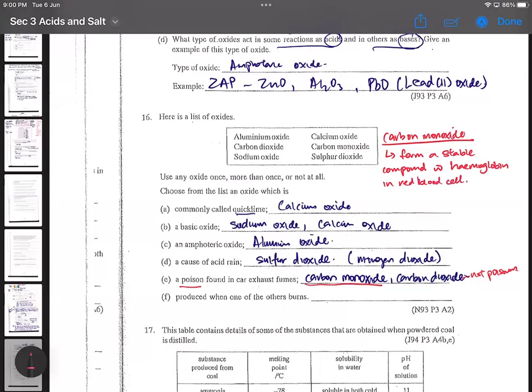As a result, this will prevent the red blood cell from transporting oxygen. In less severe cases, this can lead to suffocation. In severe cases, it can lead to death due to the suffocation itself. So this carbon monoxide can lead to the poisoning of blood, because of the stable compound with hemoglobin.